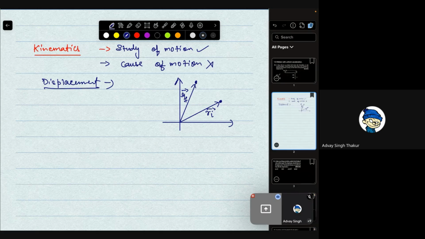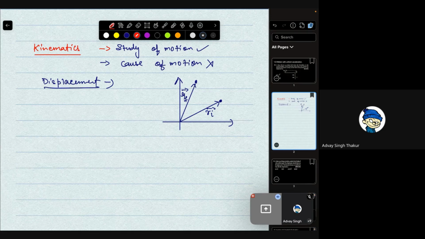The displacement will be represented as this vector. And we know that the displacement magnitude is always less than or equal to the distance.